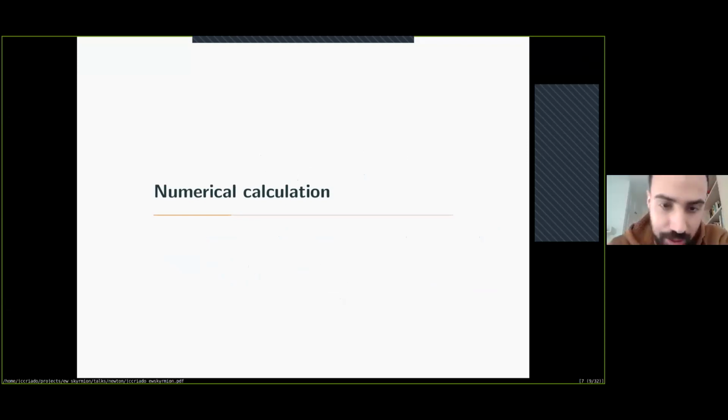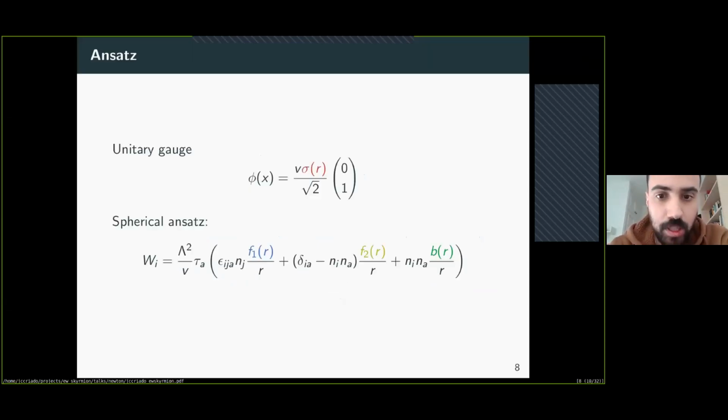So about the numerical calculation then. What we did here is we imposed the unitary gauge and also spherical symmetry, so that the Higgs doublet is parameterized in terms of only one field, this scalar field, which is only a function of the radial coordinate, so a function of r.